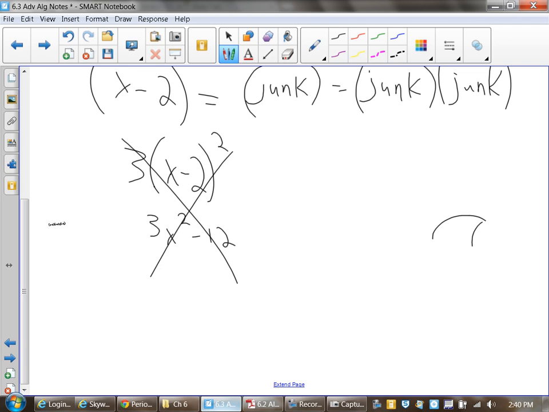Anytime you see a squared term, please, please, please write it out twice. This would have equaled 3 times x squared minus 4x plus 4. When you FOILed it, then you'd get 3x squared minus 12x plus 12. It's one of those things that you guys tend to screw up a lot. Remember, junk squared is not just junk.